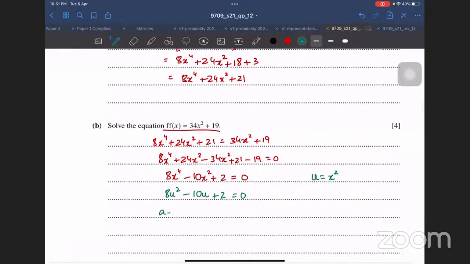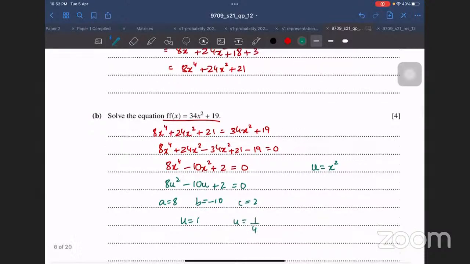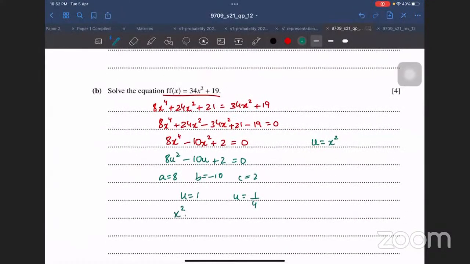Now I can use my quadratic formula, put this on a calculator and find the possible values of u. One and 1/4. So x square की क्या values हो जाएंगी, 1 और 1/4.